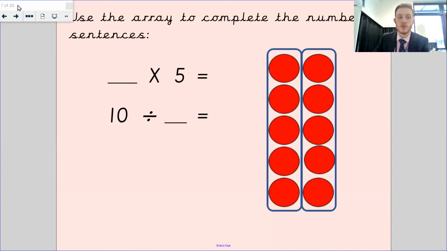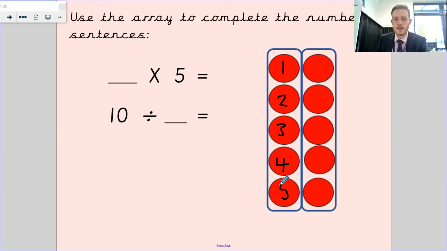Now I'm going to use an array to help me solve the number sentences. Something times 5, so many lots of 5. Well, I've got 1, 2, 3, 4, 5. So there's my 5 in my column. But how many rows do I have?